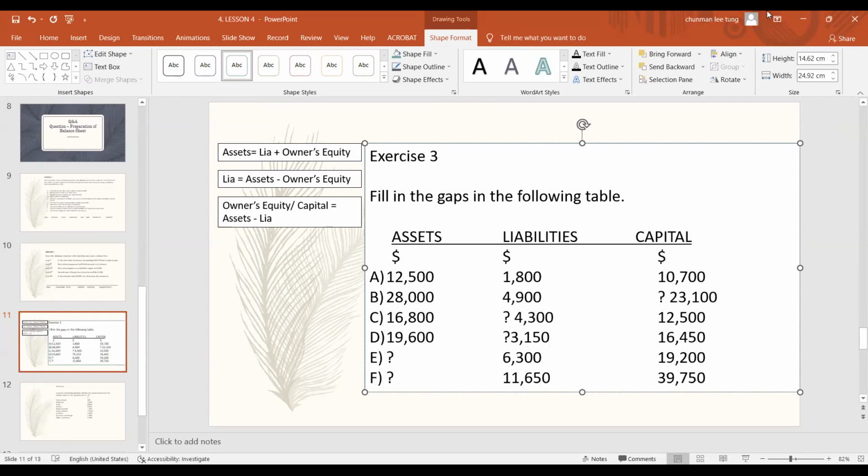And for E, you are to find assets, which would be liabilities plus owner's equity. Your answer there for E would be 25,500.